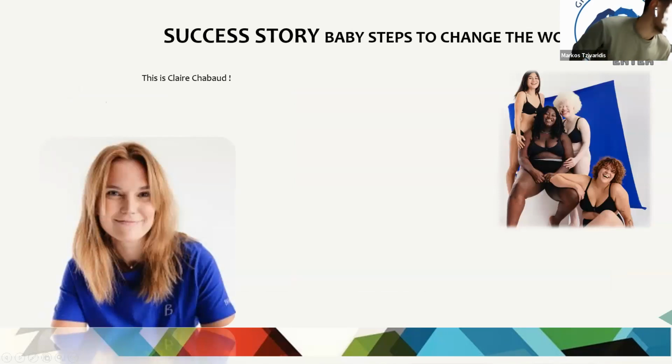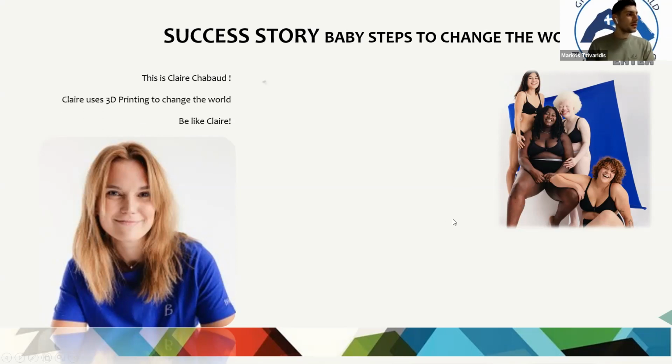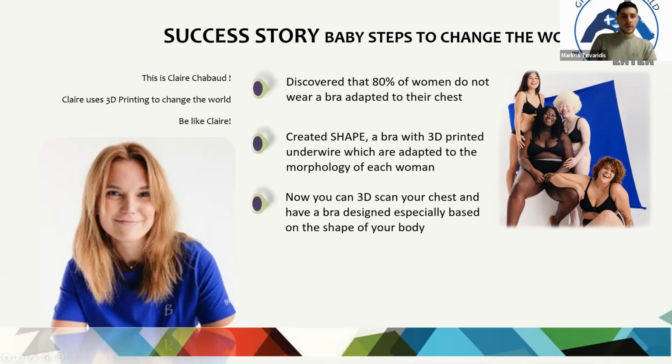And this is a success story, guys. This is Claire Cabot. And she discovered that 80% of women do not wear a bra adapted to their chest, which resulted in bad posture, bad blood flow, and for a lot of women it was inconvenient to wear.